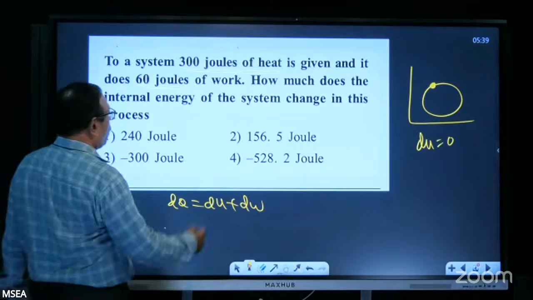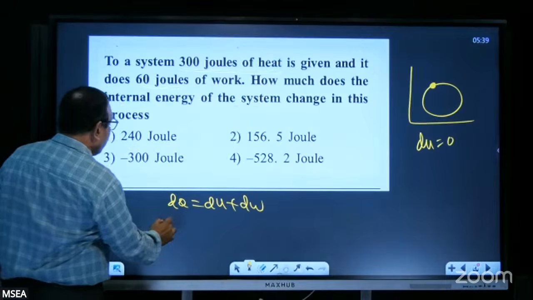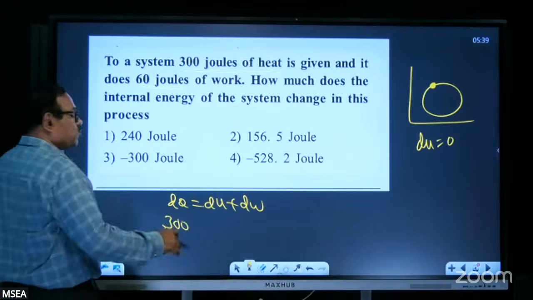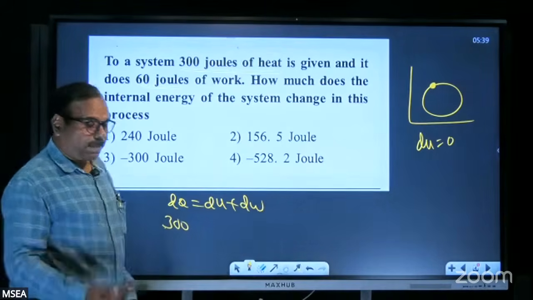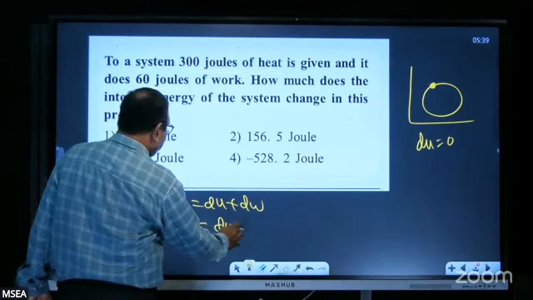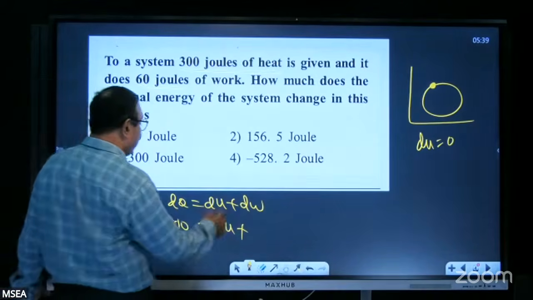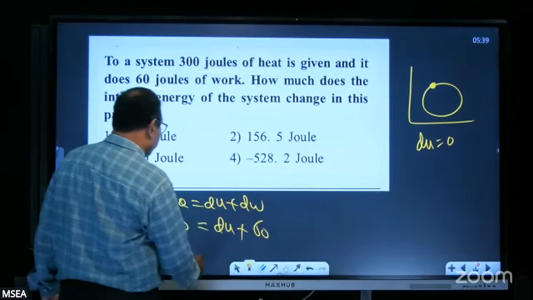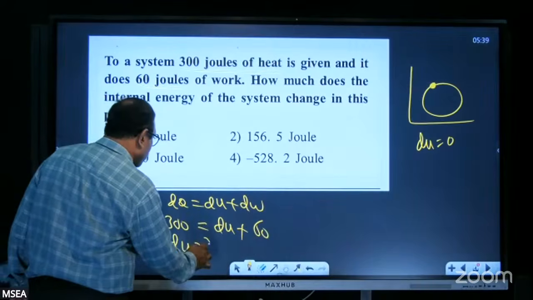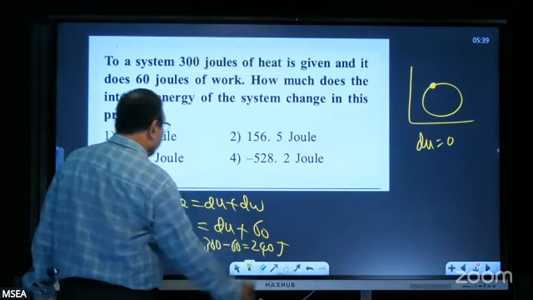Now, dq is equal to du plus dw. The system is given 300 joules of heat. As it is given to the system, it is plus, and du is what we are asked. Plus the work done, and it does 60 joules of work. Therefore, du is equal to 300 minus 60, which is equal to 240 joules.